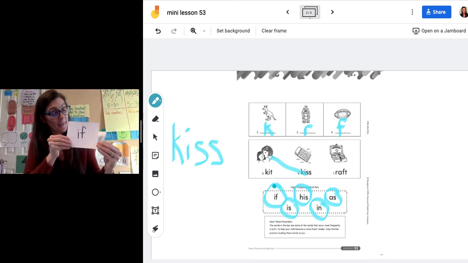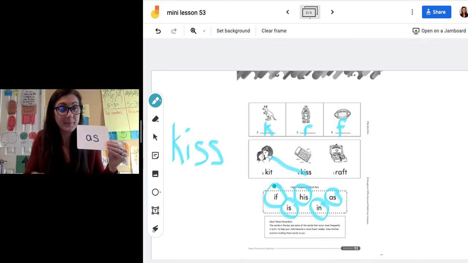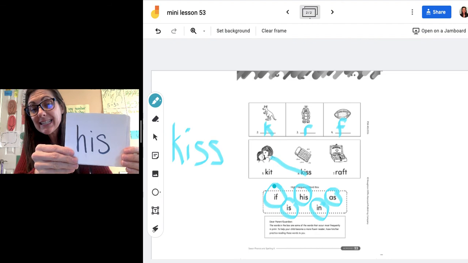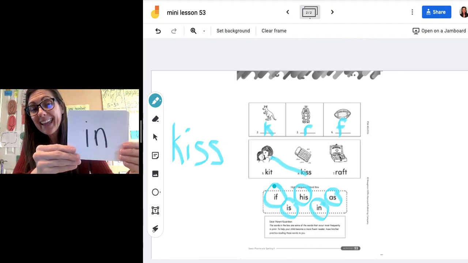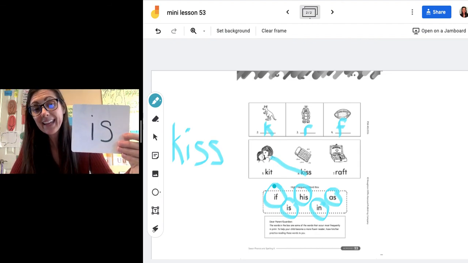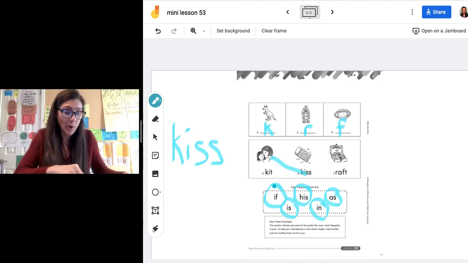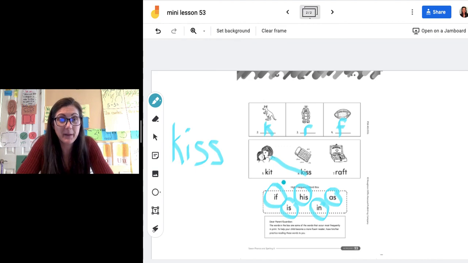We have if, as, his, in, is. So those are just 5 of your sight words that should be on your word wall. Please be sure that you take pictures through the dojo or through a grown-up cell phone and send them to Mrs. Hill so that I can give you credit for the work that you did.